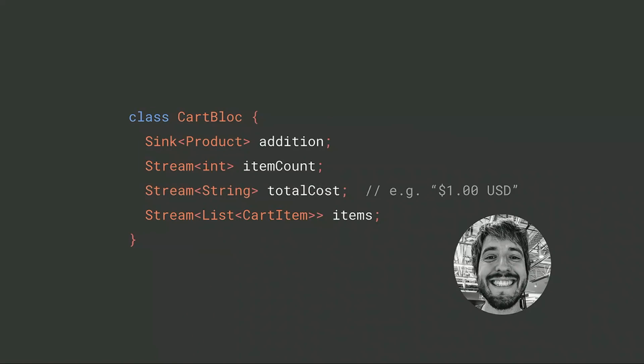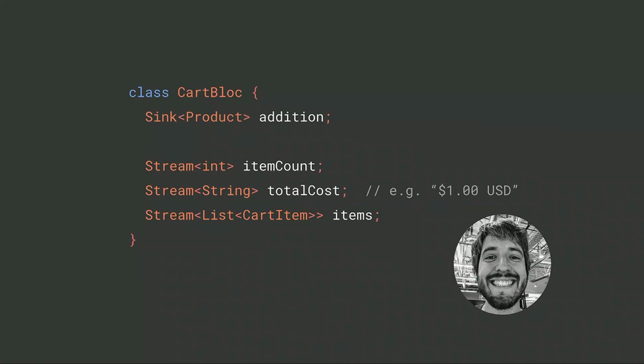And that is that if you add a new sink or new input to the model, to the component, for example, a sink of locale, so users now can change anywhere in your app. They can change from US shop to EU shop. Now you can pipe this change as a stream to the total cost.